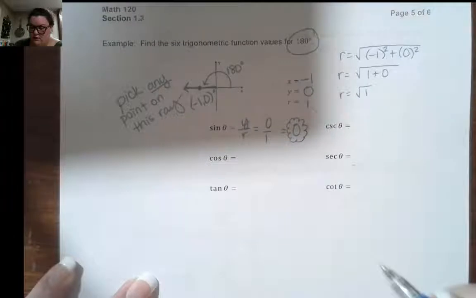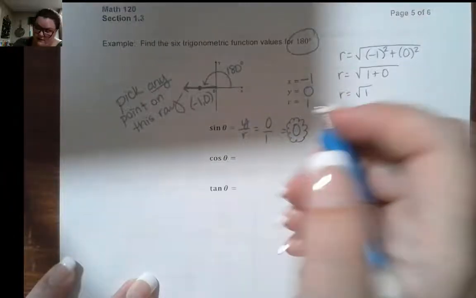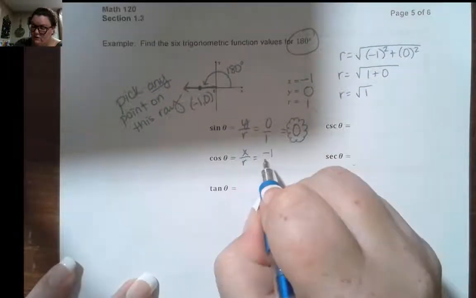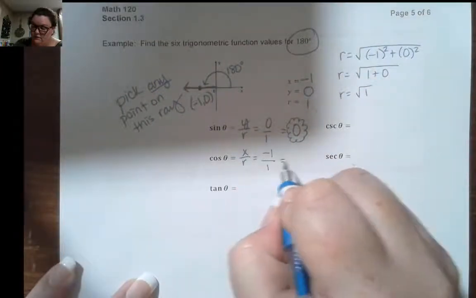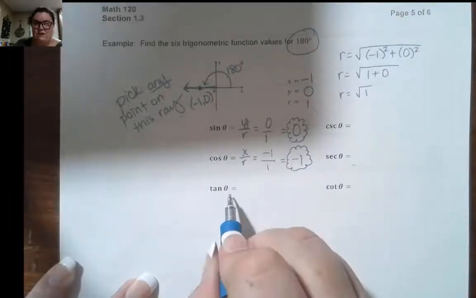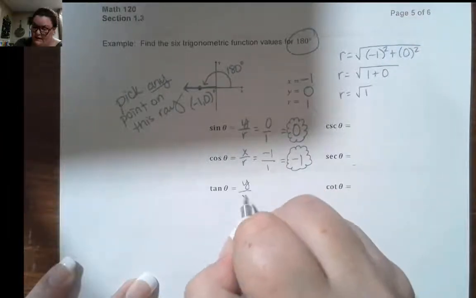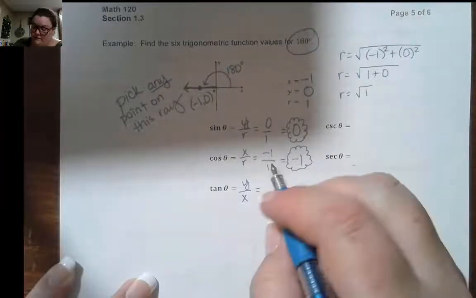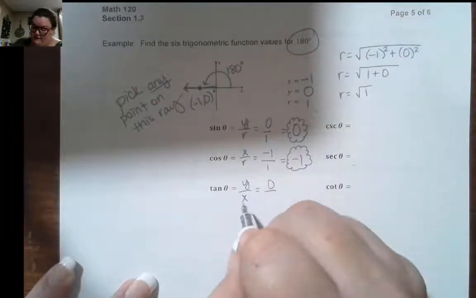Cosine theta is x over r. X is -1 over 1, so that's -1. Tangent theta is y over x. Remember, that's where we get our slope. Our y value is 0, and our x value is -1.